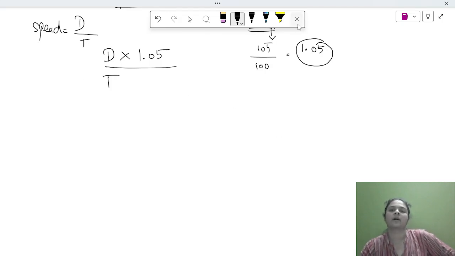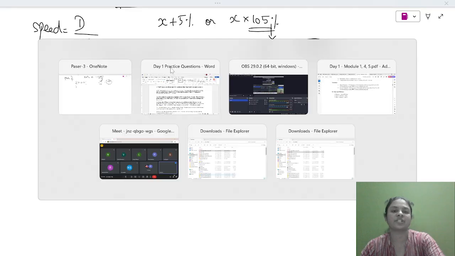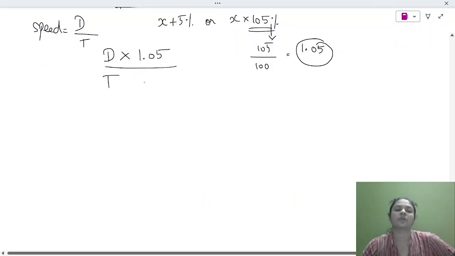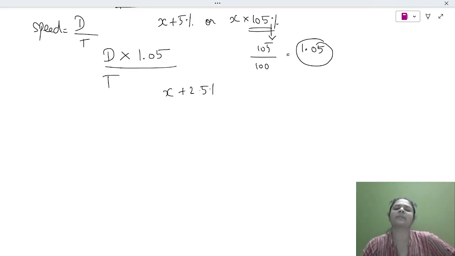Now coming to time, the question says 2.5% increase in time. So assume the same x, plus 2.5%. So how will you express, can you tell me? Yes, please give me the answer.